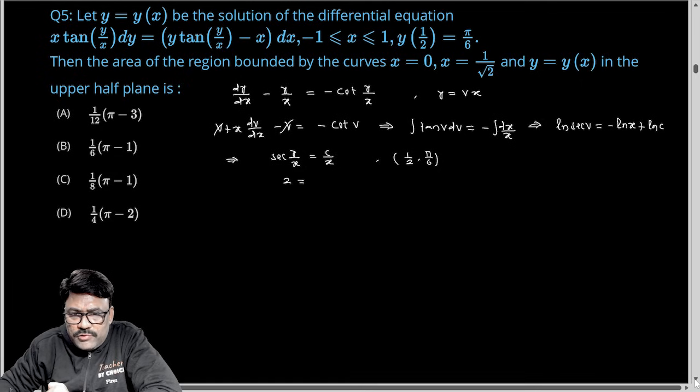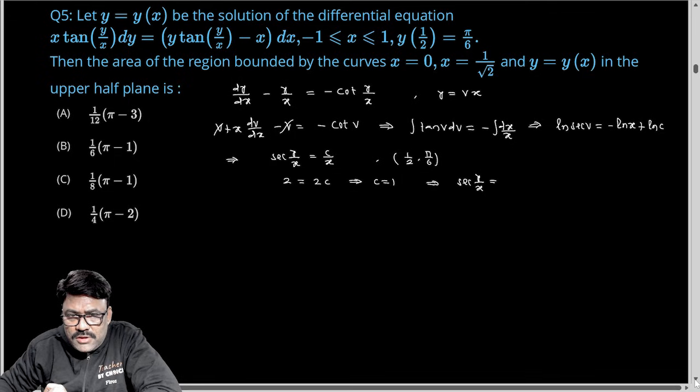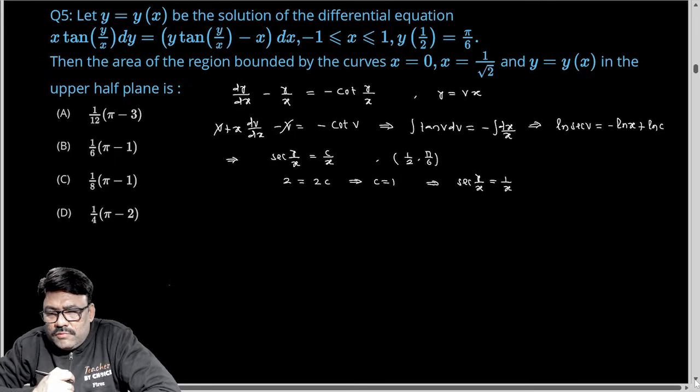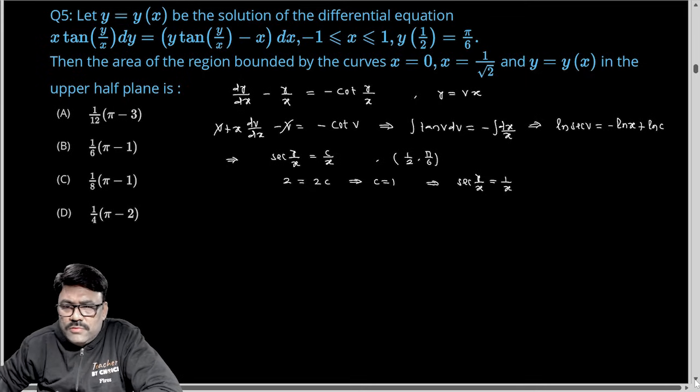And on the right, if I put x is equal to half, it is 2c now. So c is 1. Hence your curve is secant y by x is equal to 1 by x.